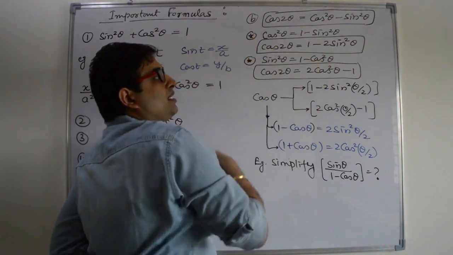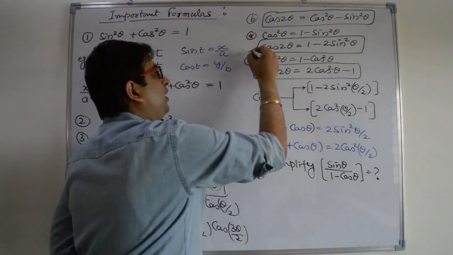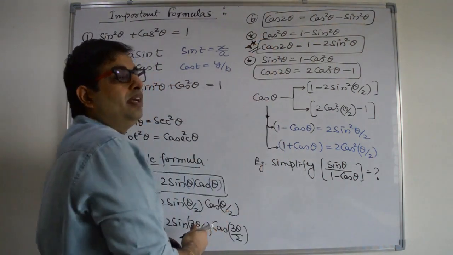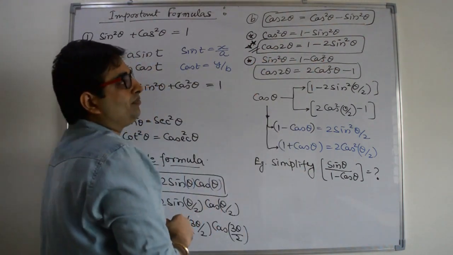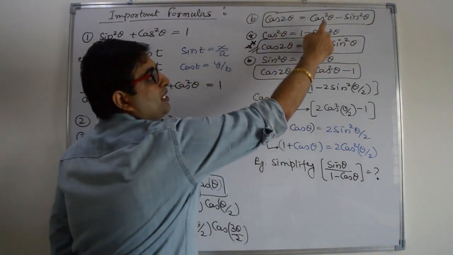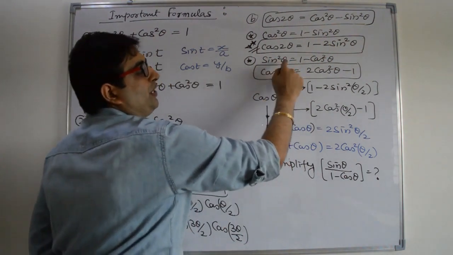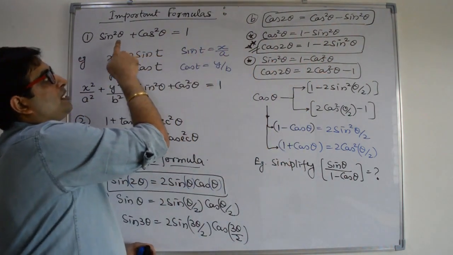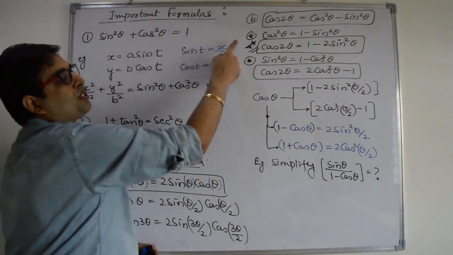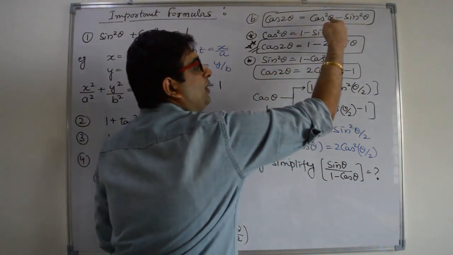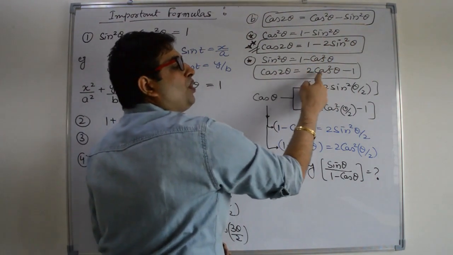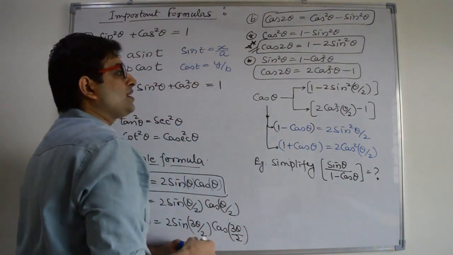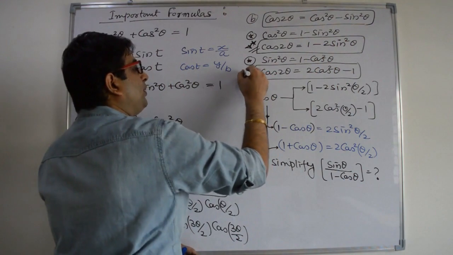That is the second formula and it is also important. Cos 2 theta is 1 minus 2 sin square theta. Now if I replace sin square theta with 1 minus cos square theta, then I will get 2 cos square theta minus 1. This is the third important result.